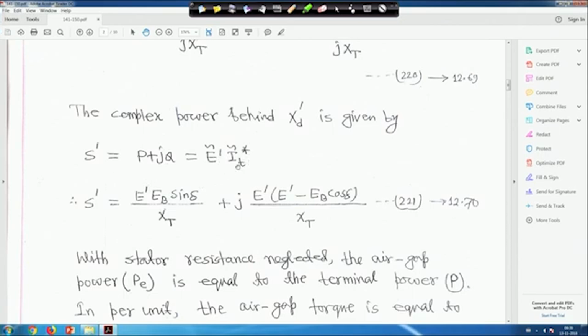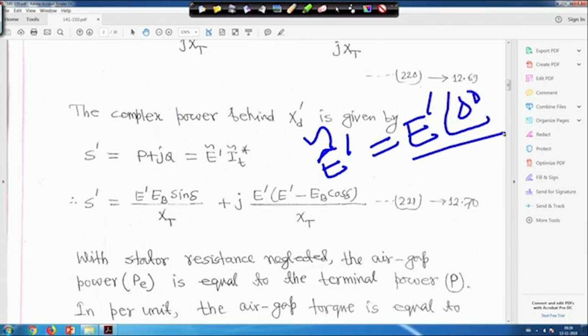Now, I_t conjugate will be multiplied by E' angle 0 degree, because we have taken E' tilde is equal to E' angle 0 degree, and E_b angle minus delta. So with that, here you put I_t conjugate and simplify whatever I showed, and you will find that it is E' E_b sin delta upon x_t plus j E' into (E' minus E_b cos delta) upon x_t.